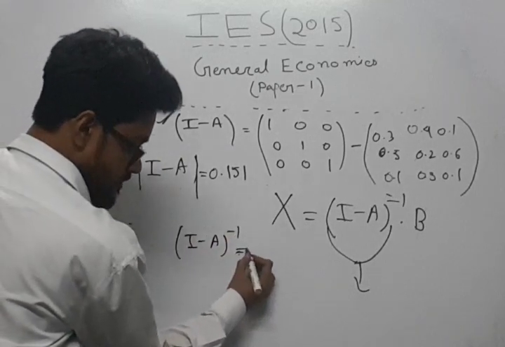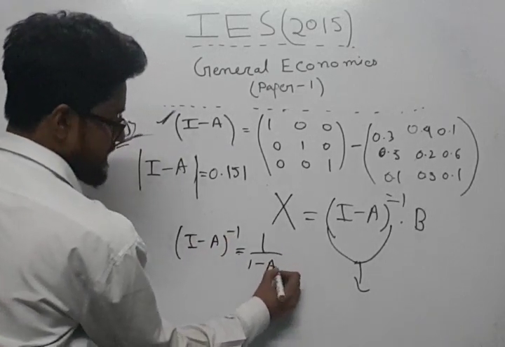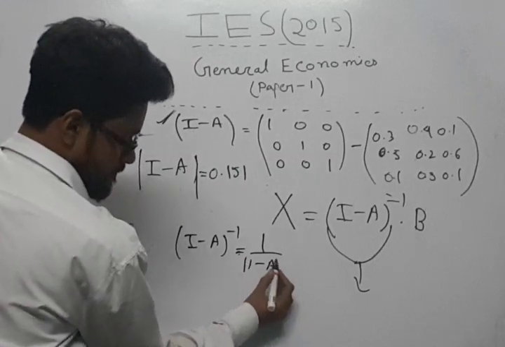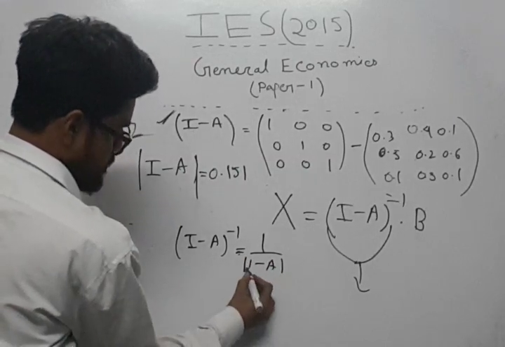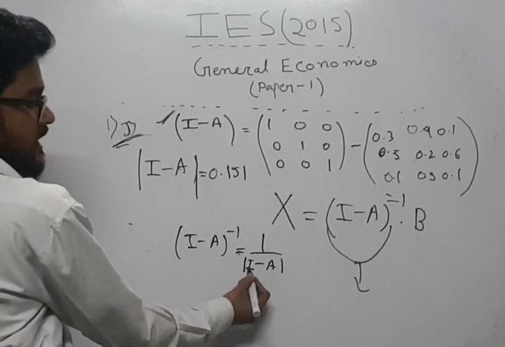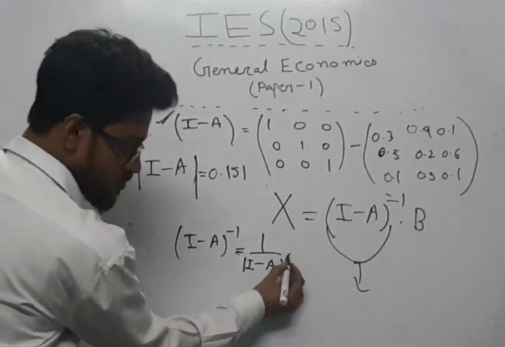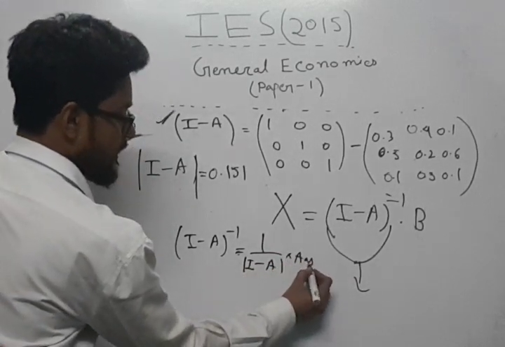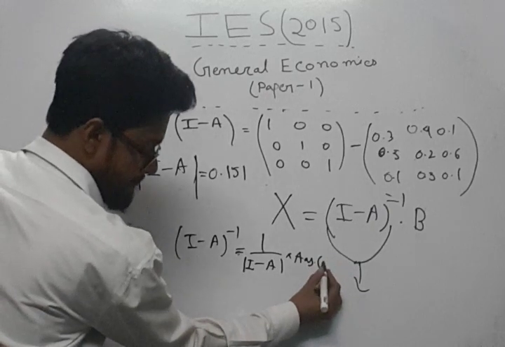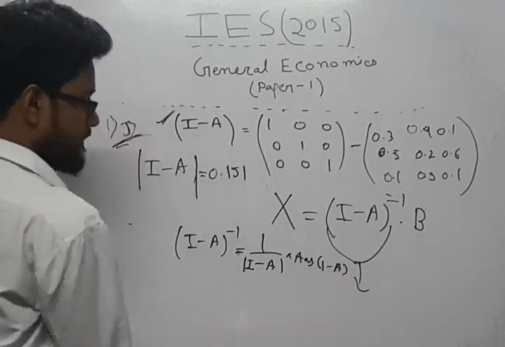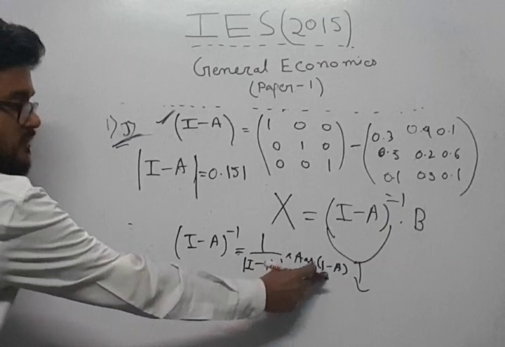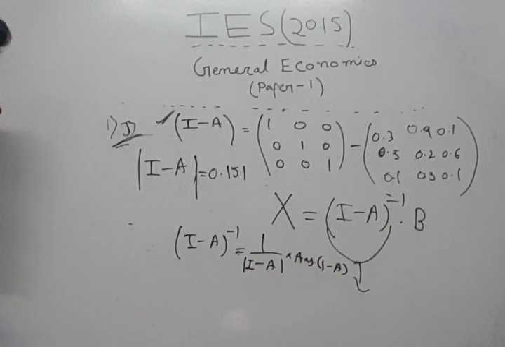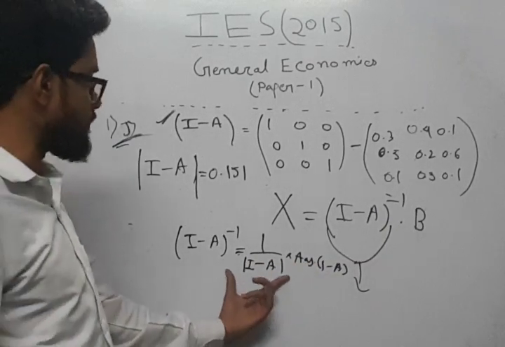is equal to 1 by determinant of (I minus A) into adjoint of (I minus A). So now how will we be able to find this?